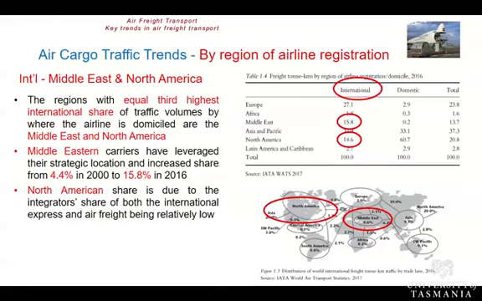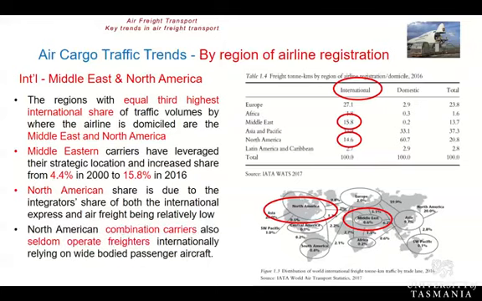So the big movers of air cargo in the United States have very little share, and also combination carriers seldom use freighters. And if you looked at the main airlines in the United States, most of them, if you took out the integrators, are going to be passenger carriers, not combination carriers.